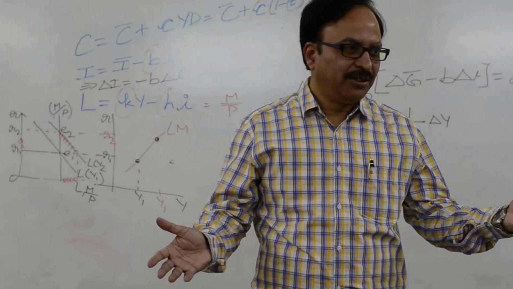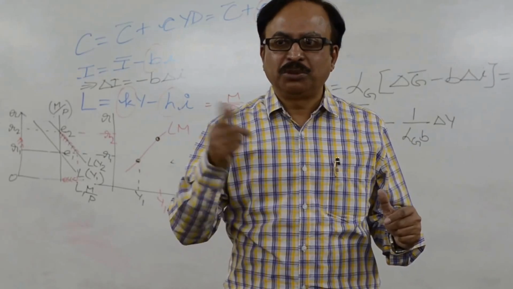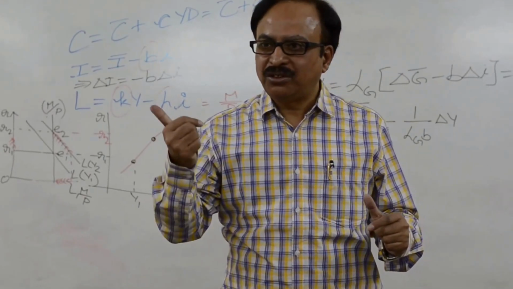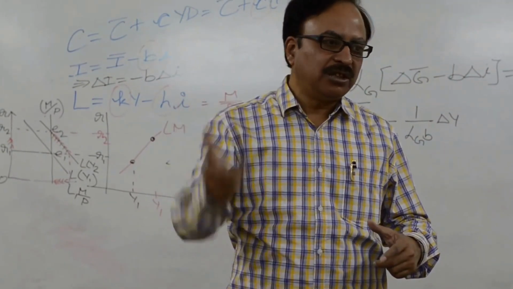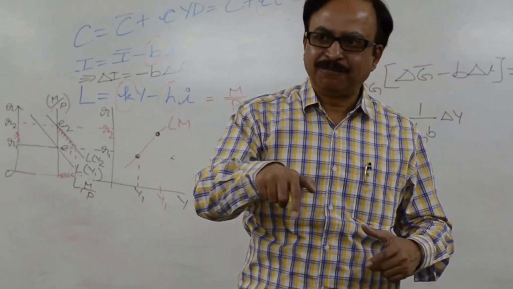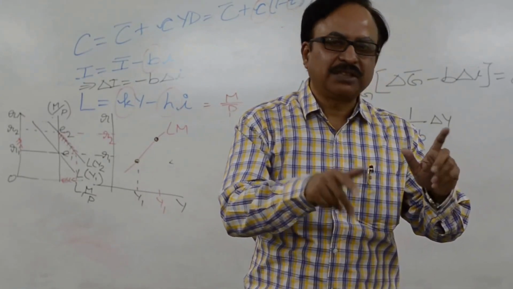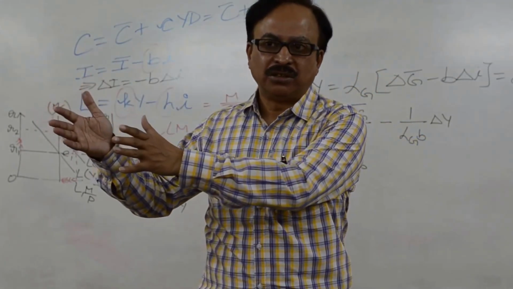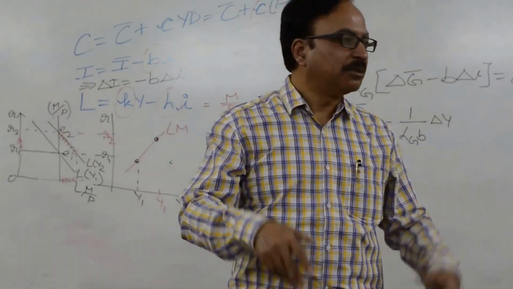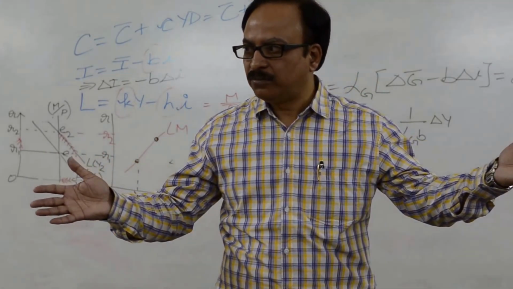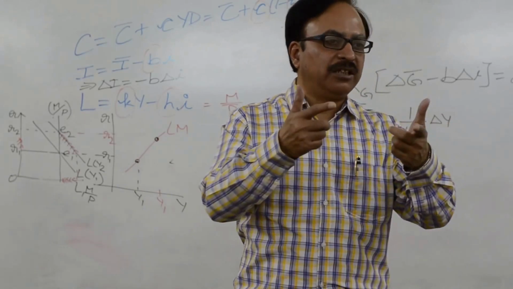Right? Okay? Now, if the rate of interest changes, two things will happen. Investment will change. And if investment changes, aggregate demand changes, then income will change and the consumption will change. Now, we are not talking about the fiscal policy multiplier. We are saying the rate of interest has changed. If the rate of interest decreases, then investment will increase, is it not? And if investment increases, aggregate demand will increase, income will increase, consumption will increase.